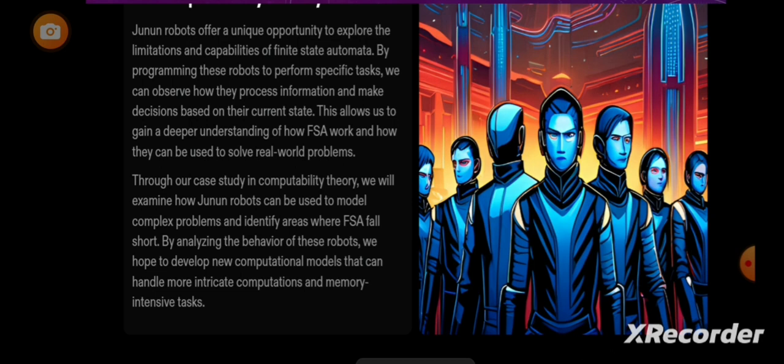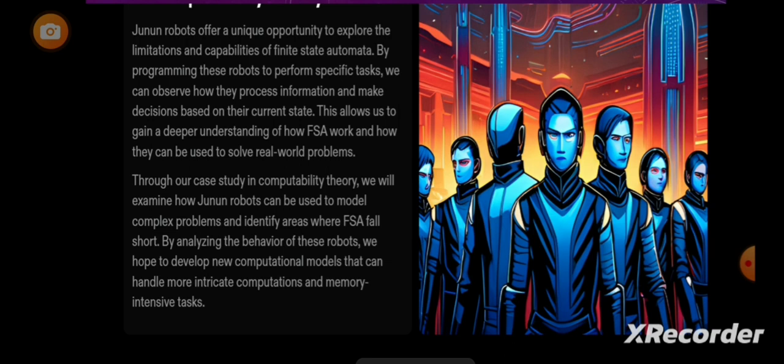Robotics offers a unique opportunity to explore the limits and capabilities of finite state automata. By programming the robots to perform specific tasks, we can observe how they process information and make decisions based on their current state. This also helps us understand how FSA works and how they can be used to solve real-world problems.